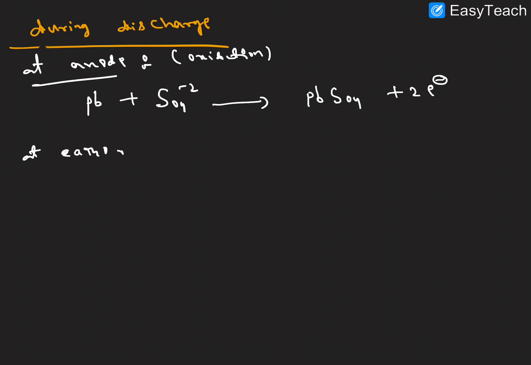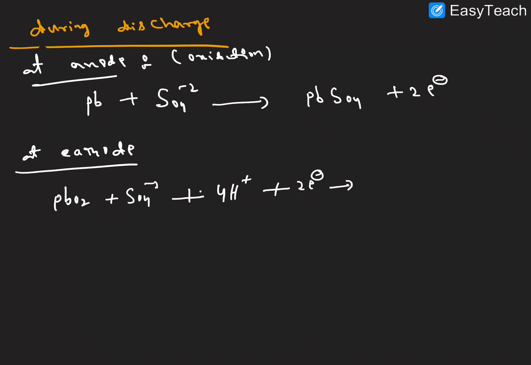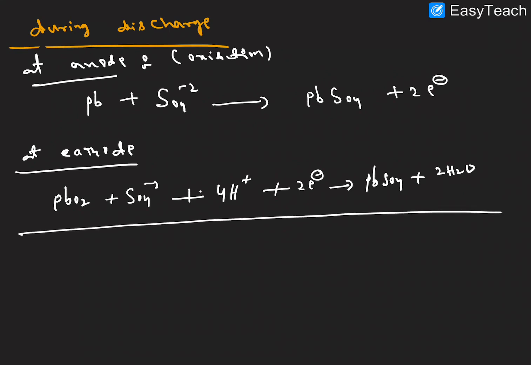At the cathode reaction, so what is that cathode reaction here? PbO2 plus SO4 minus 2 reacts in the presence of acidic medium, 4H plus ions, and taking 2 electrons here, it is converted into lead sulfate plus 2 moles of H2O is formed. Let me explain the overall reaction.